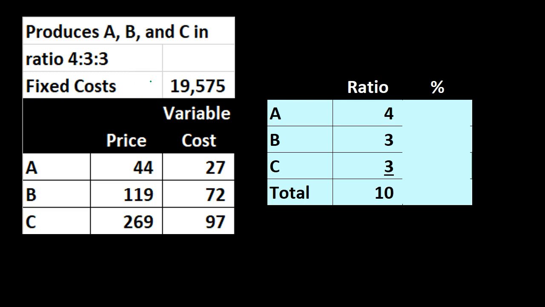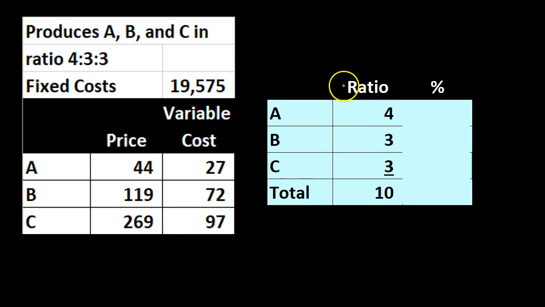Just like if we only had one product, we would have the fixed costs in order to perform the break-even analysis. We then have the price and the variable cost broken out by product A, B, and C. The price then, what we sell them for, A, $44, B, $119, C, $269, and then the variable costs per unit for, again, what we sell A, B, and C, 27, 72, and 97, A, B, C, respectively.